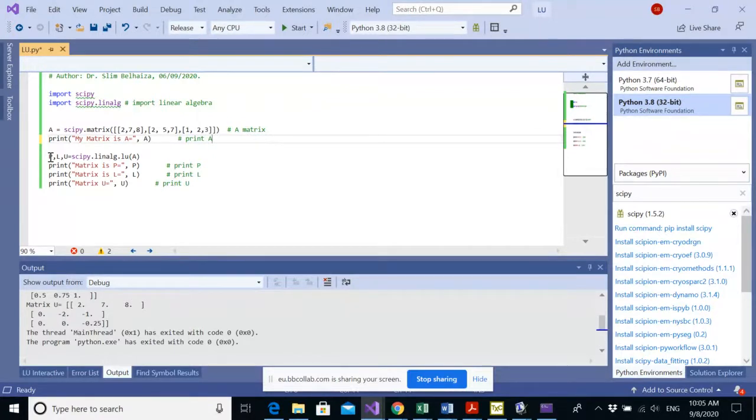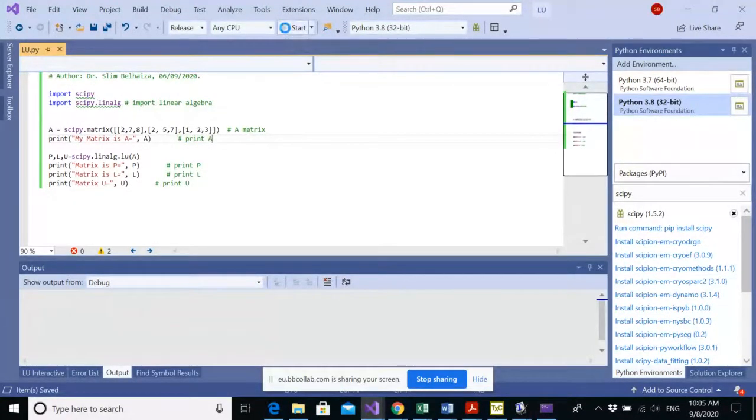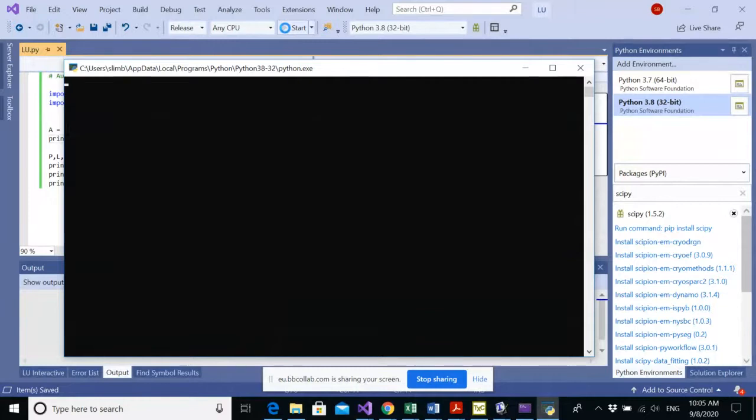It rearranges your matrix A in a way that is more convenient for the elimination algorithm to run. And it returns the L matrix and the U matrix. After that, I'm just printing out P, L, U. Are you okay with that, guys? Okay, so let me just run it here and see how this is done.